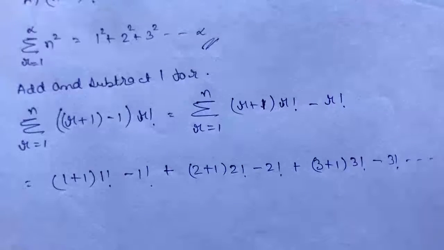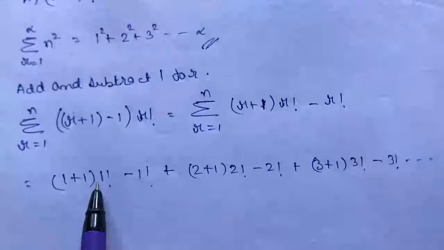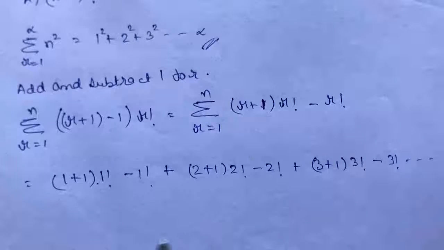It will be moving like this. Okay, so now what is (1 plus 1) into 1 factorial? This is 2 factorial. And here it is minus 2 factorial, so they will be cancelled out.